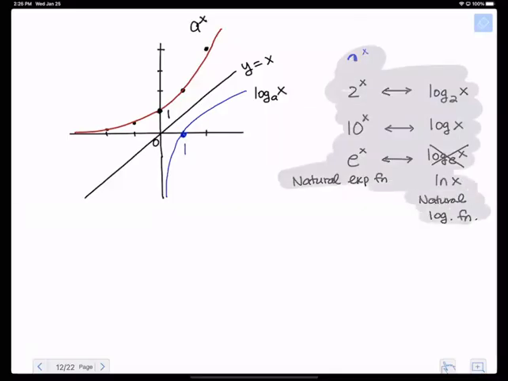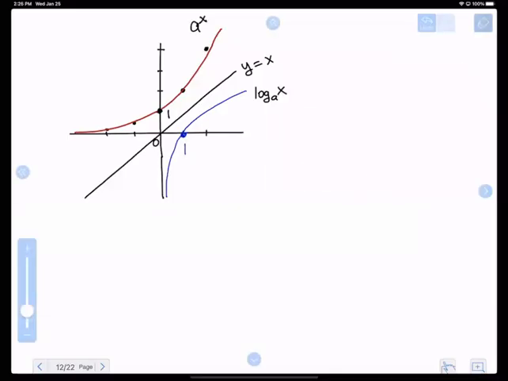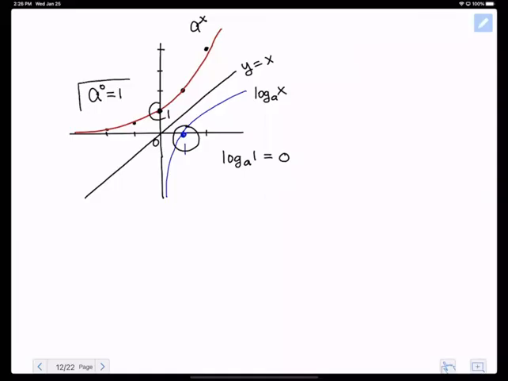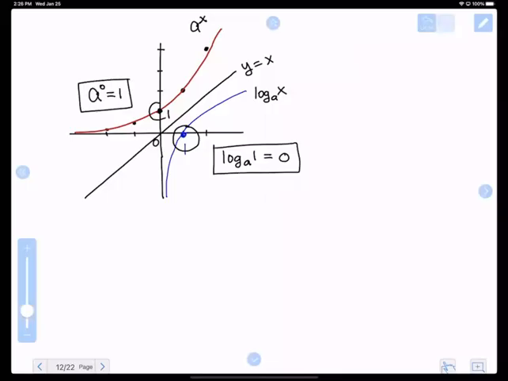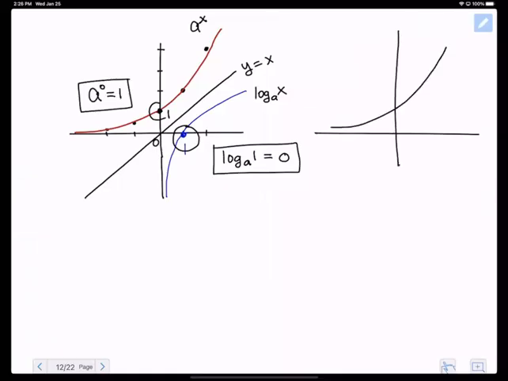Okay, number one, log base a of 1 equals 0. This corresponds to a to the 0 is equal to 1. If you want to convert this to the natural exponential function and natural logarithmic function, here is e to the x, and here is ln of x.